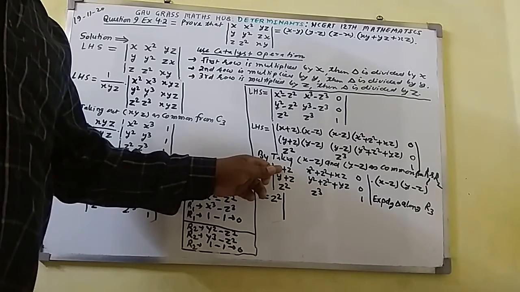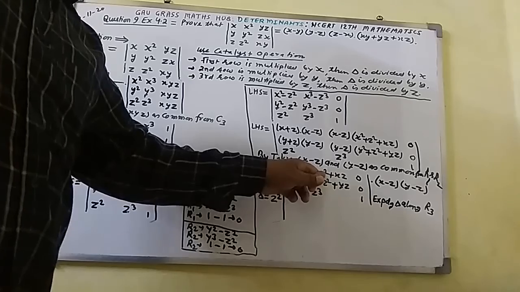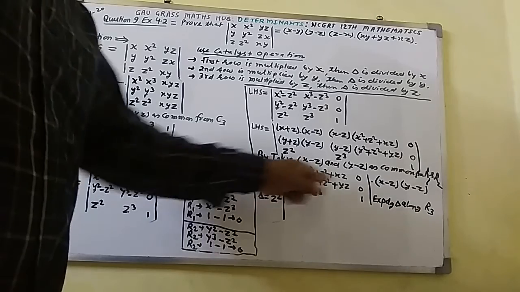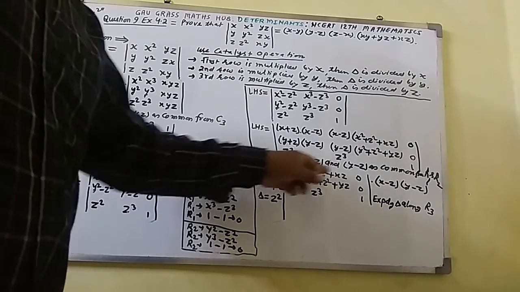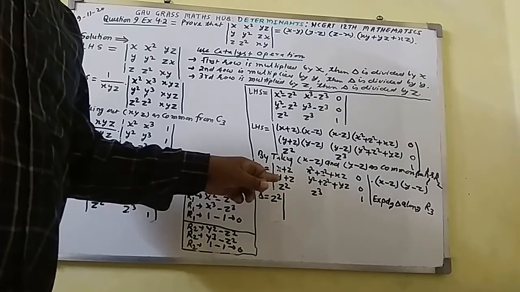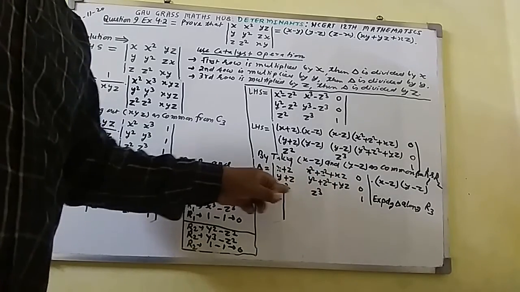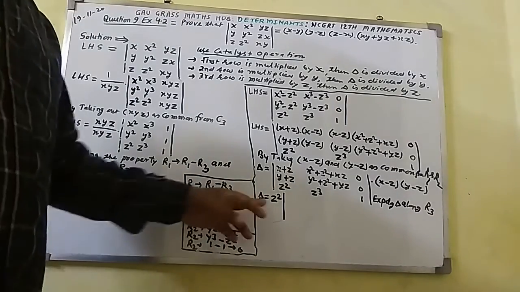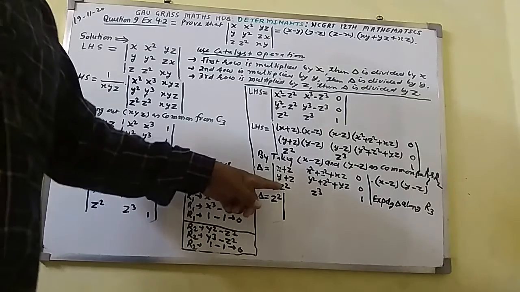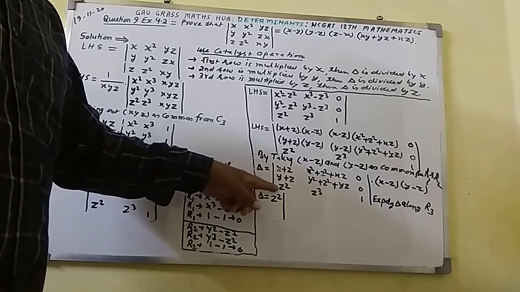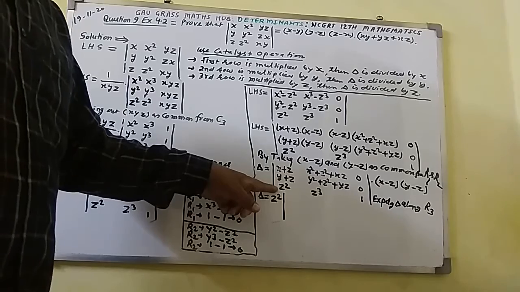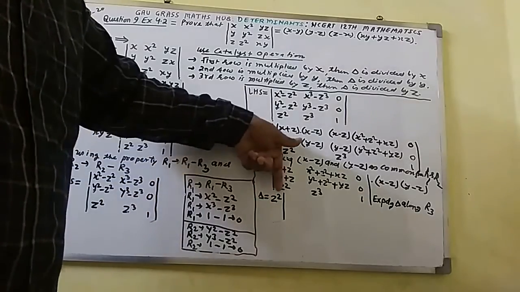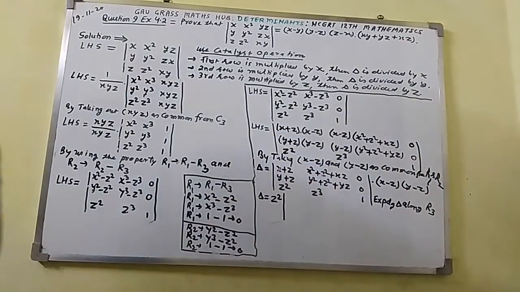Here plus, minus, plus, minus, plus, and so on. So here plus. So what will we get here? The minor of z square. Since z square is there in the first column and third row, the first column and third row will be hidden.